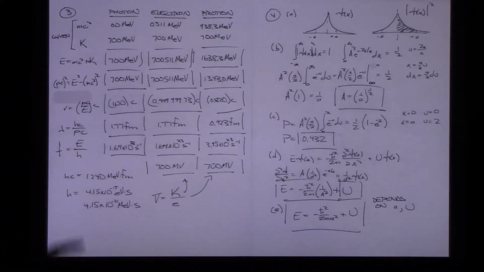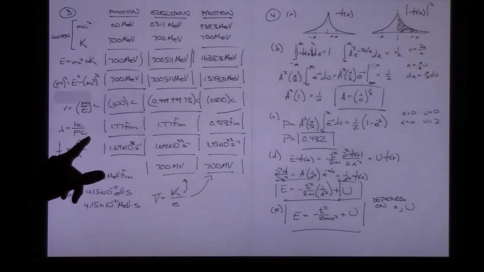All right, for the wavelength, we're going to use the general formula hc over pc. Now, notice we did not use the formula hc over energy because that's not a general formula. We have been using hc over energy for the wavelength whenever we had photons.